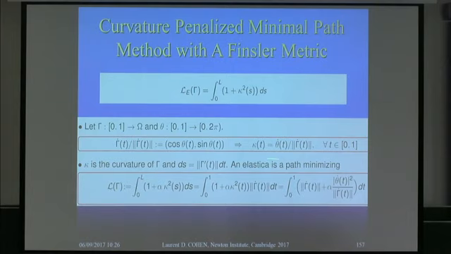Then if you replace in this expression of elastica, you change variables from s to t, and then you replace kappa, the curvature, by its value here.